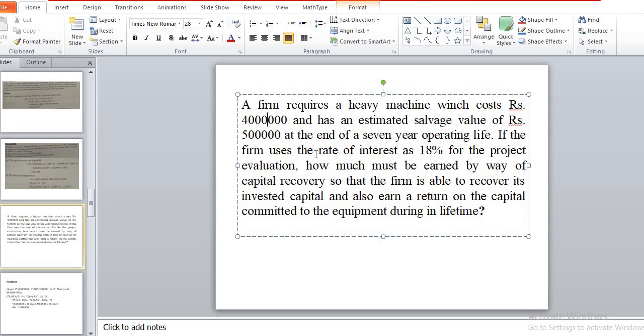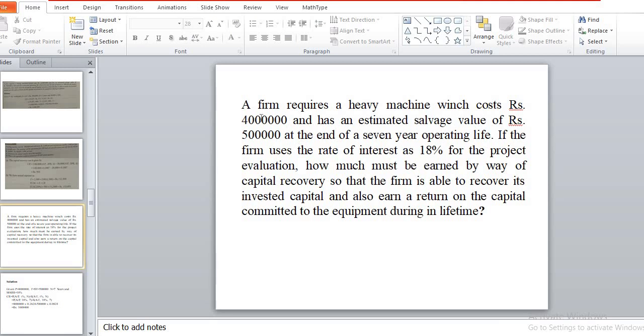If the firm uses the rate of interest as 18% for the project evaluation, how much must be earned by way of capital recovery so that the firm is able to recover its invested capital and earn a return on capital committed to the equipment during its lifetime?